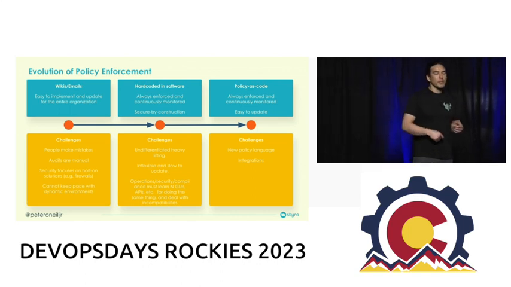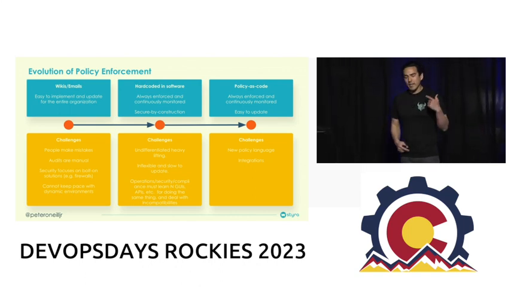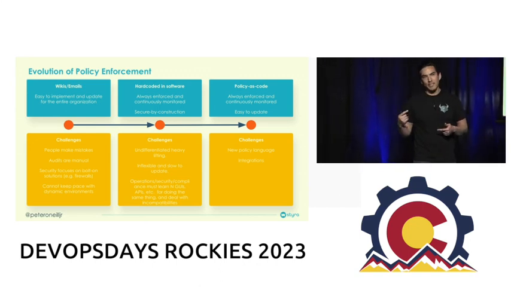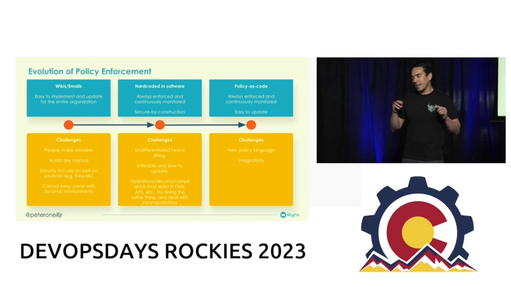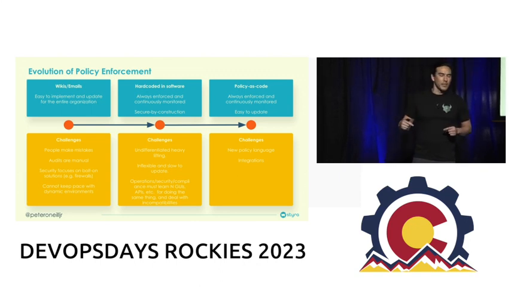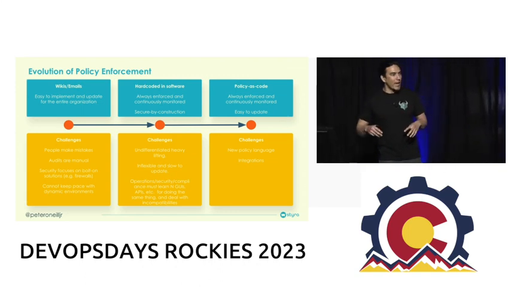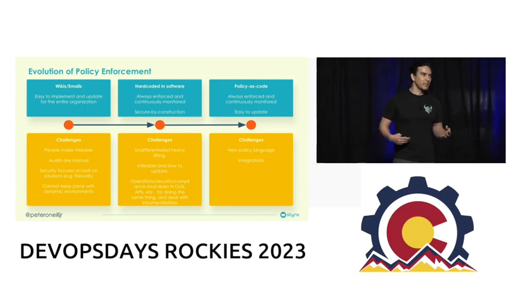And then things got more technologically advanced. We started hard coding policies. We started saying, okay, I can identify these users a little bit better, and I can understand who they are, so I can build these policies directly into the software that I'm using. And now we are taking that evolution one step further.